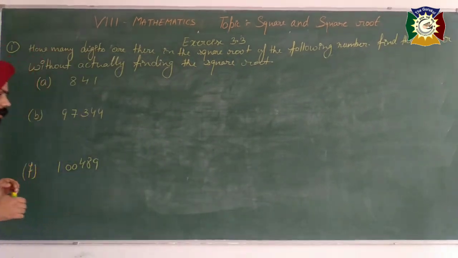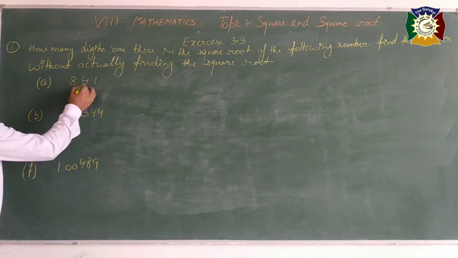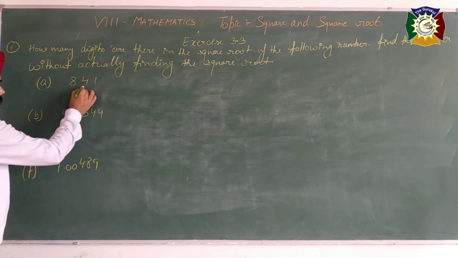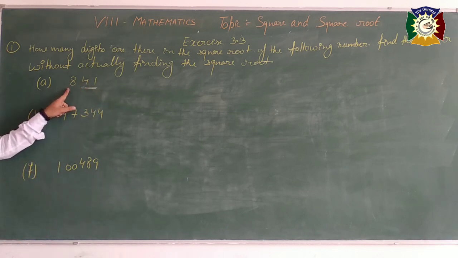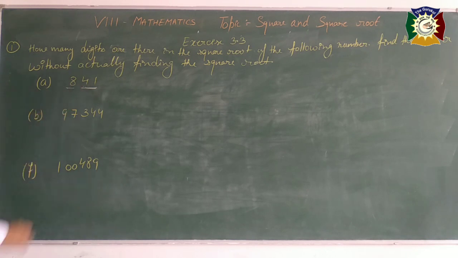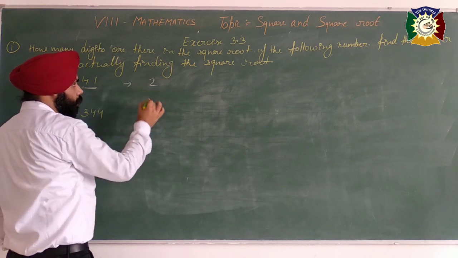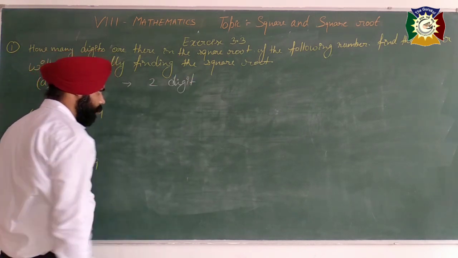For this, what to do? Step 1 is making pairs. Start from the very right. Underline one pair here. This one pair, and this one we take also as one pair. So how many pairs will we make here? 2. So its answer will be of 2 digits.